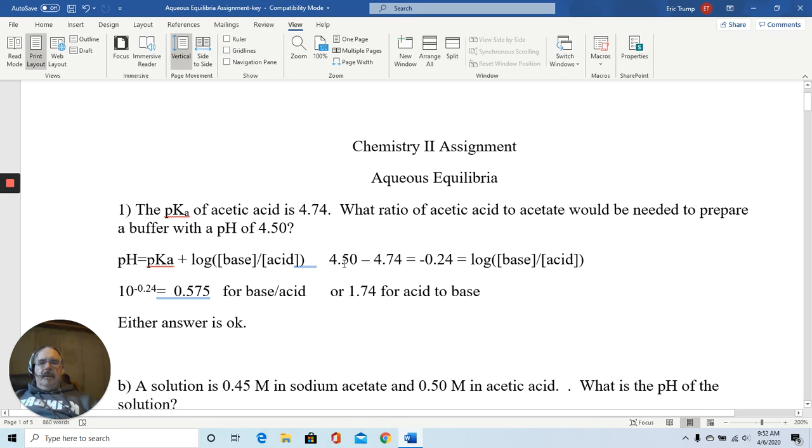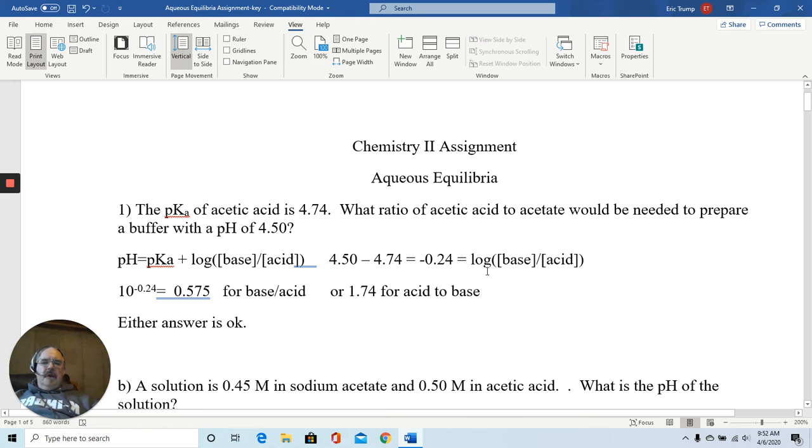Okay, so we're given the pH that we want. We're given the pKa. We subtract pKa from both sides, and that gives us negative 0.24, and that is the log of the ratio.